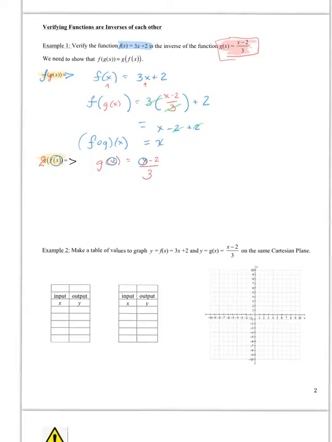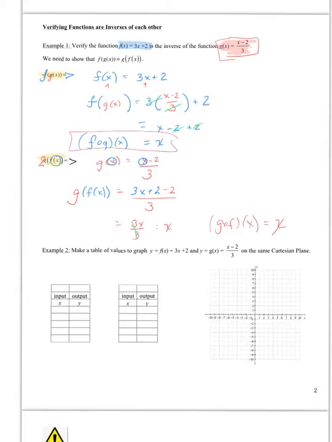So that would be g of f of x equals f of x, which is 3x plus 2, minus 2 over 3, which is just 3x over 3, which simplifies to just x. So g of f of x also equals x.